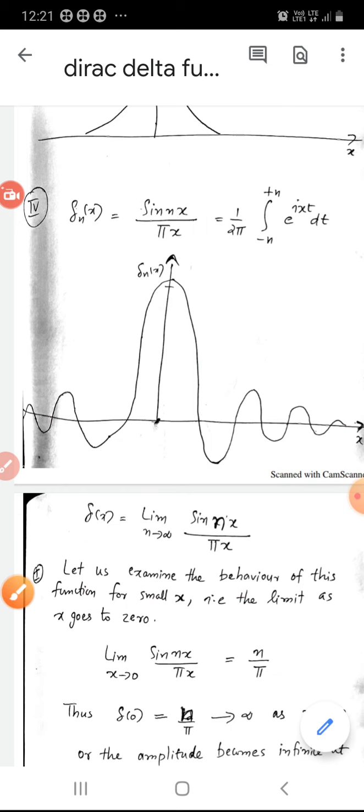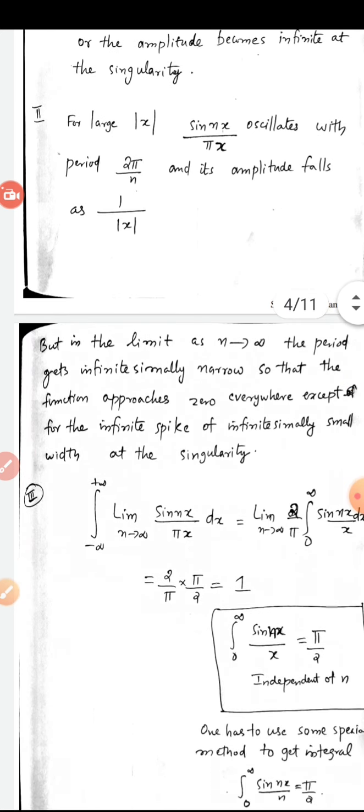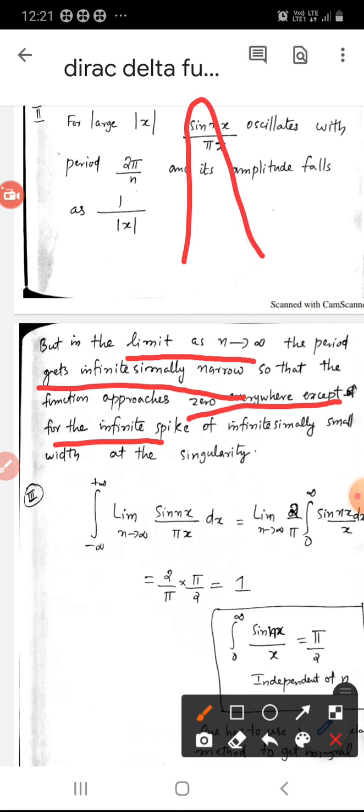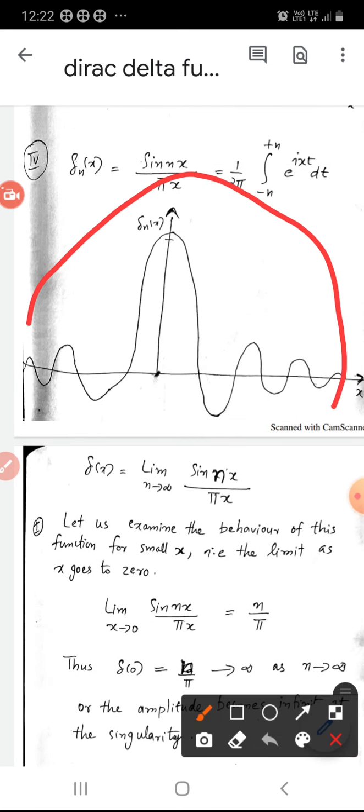In the limit as n tends to infinity, the period gets infinitesimally narrow, so the function approaches 0 everywhere except for the infinite spike that we are going to get, which has infinitely small width at the singularity. So this function is clearly representing the Dirac delta function.